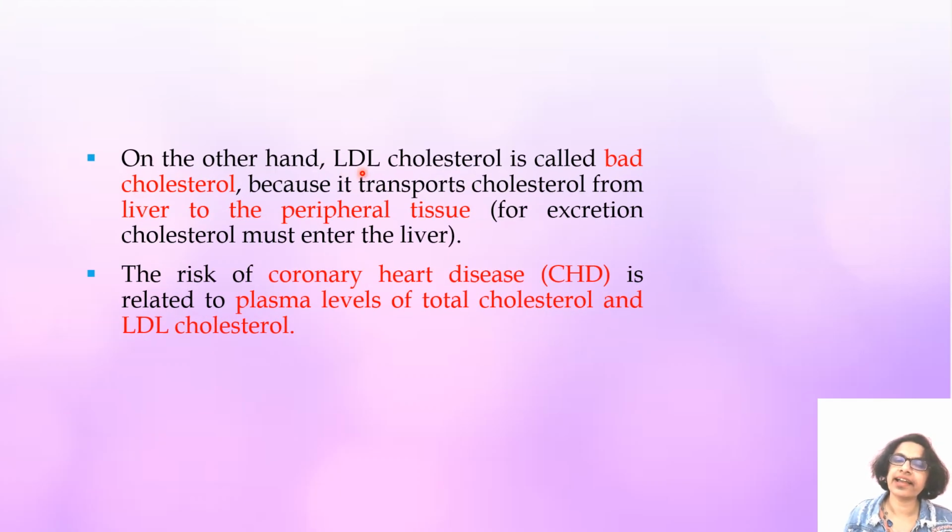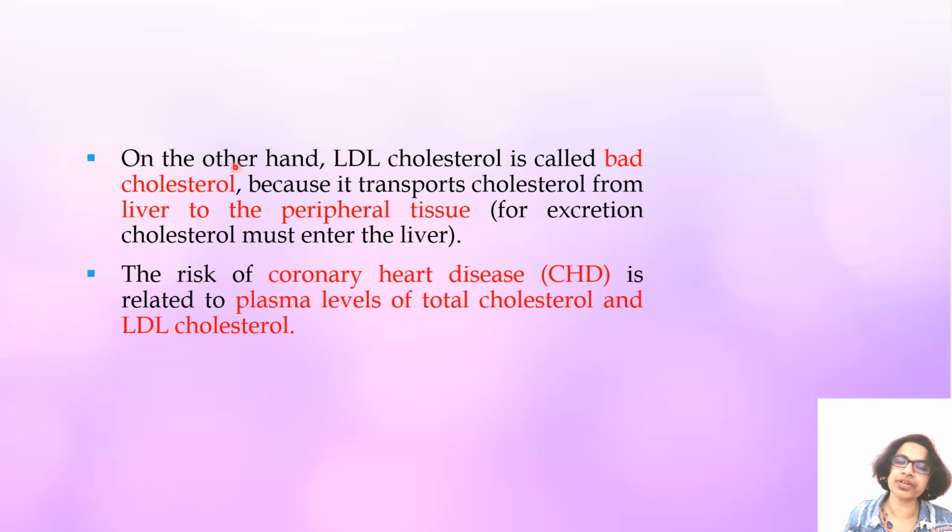On the other hand, LDL cholesterol is called bad cholesterol because it transports cholesterol from the liver to the peripheral tissue. For excretion, cholesterol must enter the liver. Always remember that cholesterol must be transported to the liver for excretion.